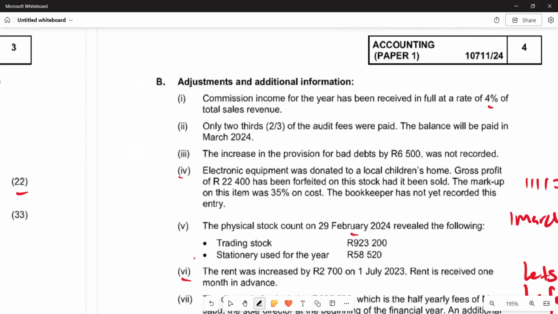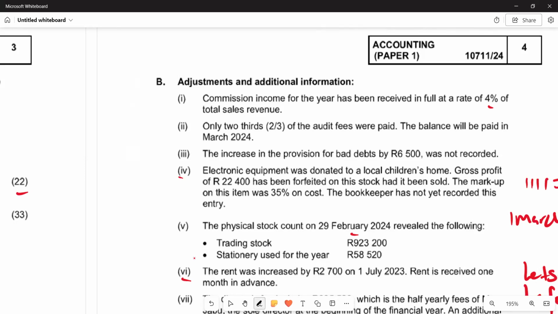So automatically it means the business in question was engaged in the buying and selling of electronic equipment, due to the markup attached to the donation of this electronic equipment. So it means it's going to reduce our trading stock. So we need to remove it from the trading stock so that we get the net book value.